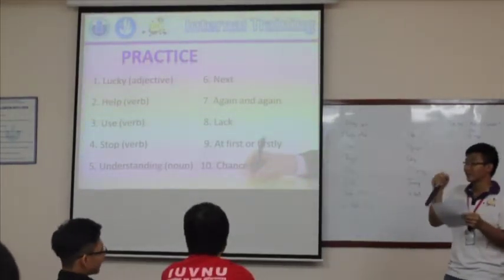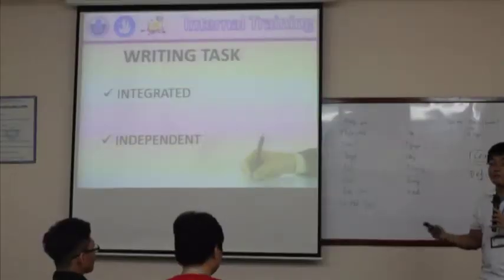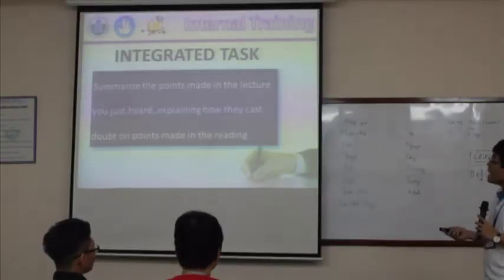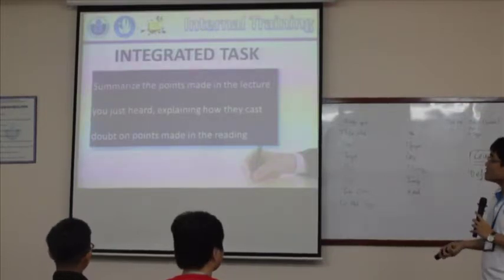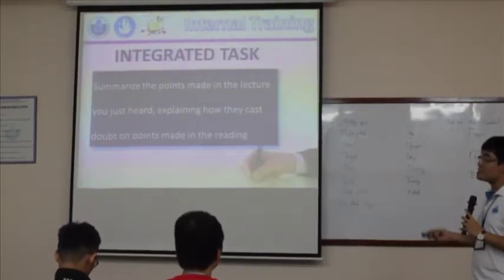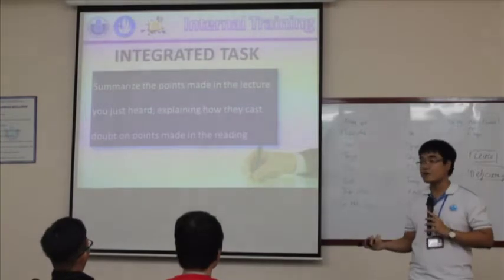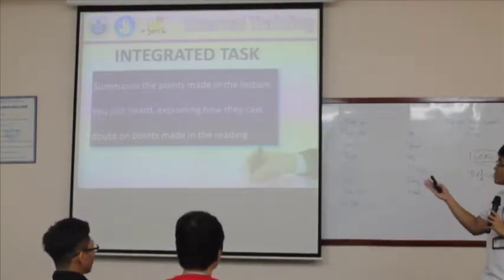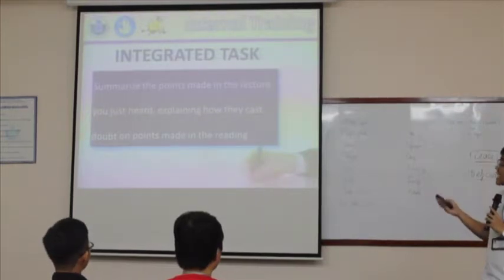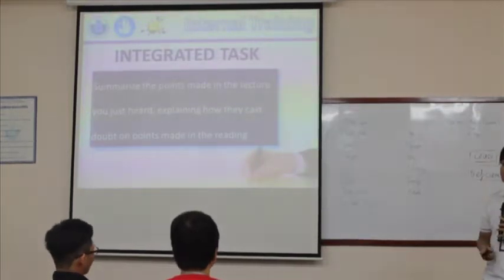Okay, number 2: combination of 3 skills. All you have to do in this task is to summarize the points made in the lecture that you just heard, and then summarize how those points cast doubt on the points made in the reading.